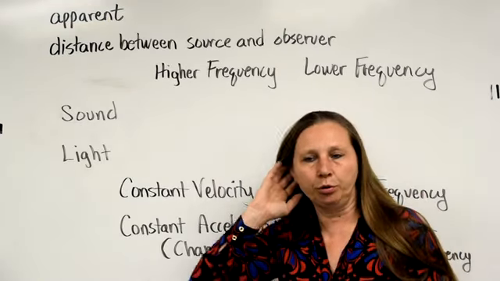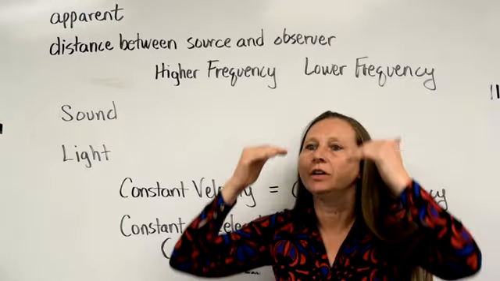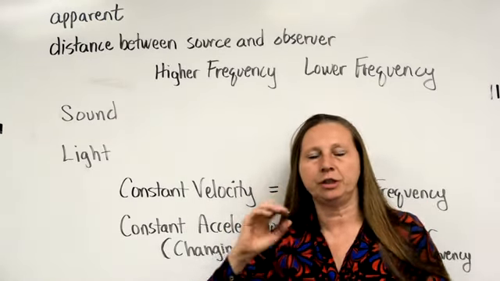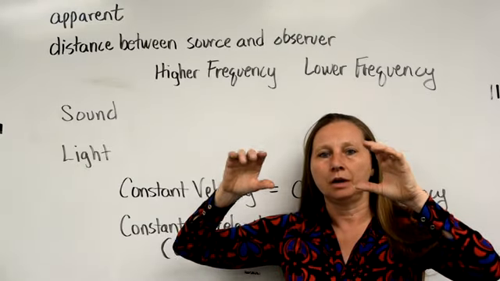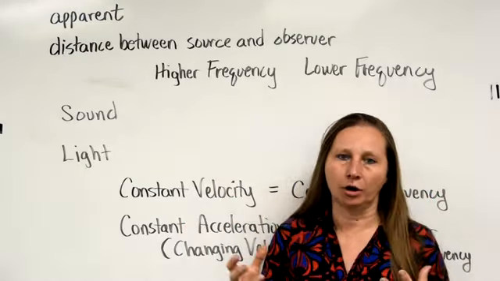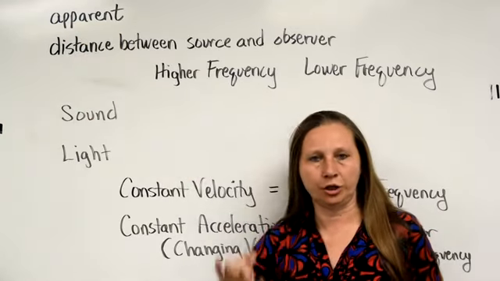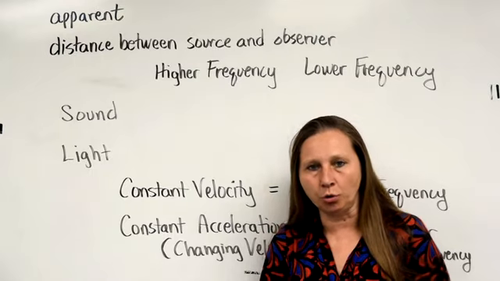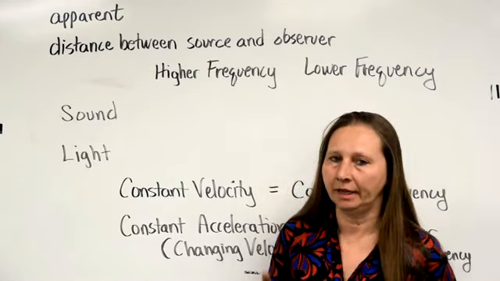It's what the person thinks they hear. It's what the person thinks that they see. The pitch that they are hearing, the color that they are seeing. It's an apparent change. The actual source is never really changing. That's first of all.